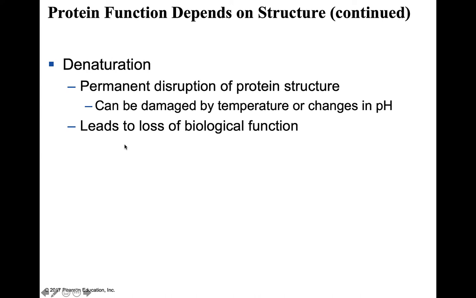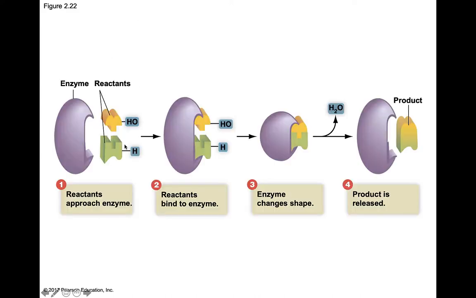And the answer to that is no. And since proteins are critical for function, our body regulates the environment that optimizes protein function. When a protein is disrupted either by temperature or changes in pH, basically that protein is now called denatured. And a denatured protein loses its biological function because its shape is no longer what it's supposed to be.